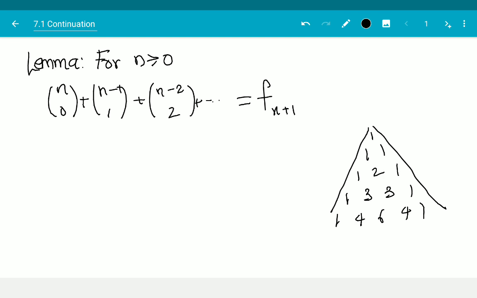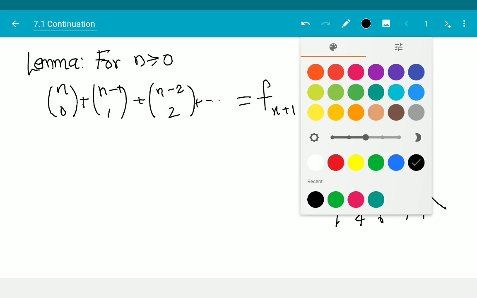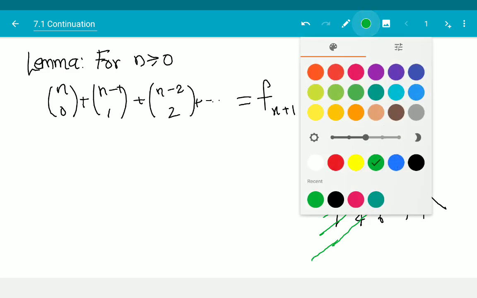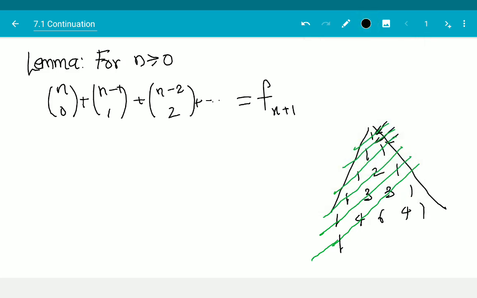And the Fibonacci sequence turns out is via these lines. So let me draw these lines in maybe green. 1, 1, 2, 3, 5, 7. Oops, not 7. There will be a 1 here. 1. That's going to be part of it.